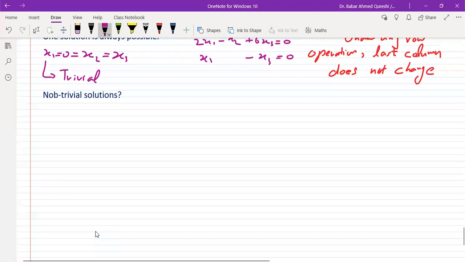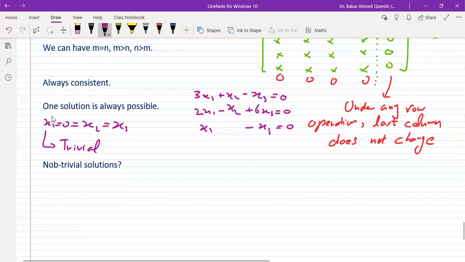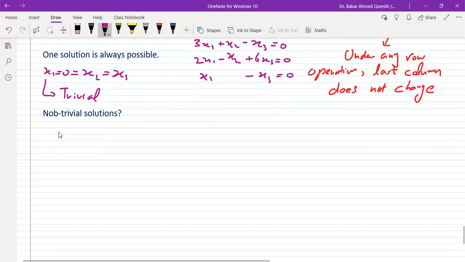Again, since it's always consistent, and we saw when we made this general statement, when you have m greater than n, wait, one statement I want to make over here.